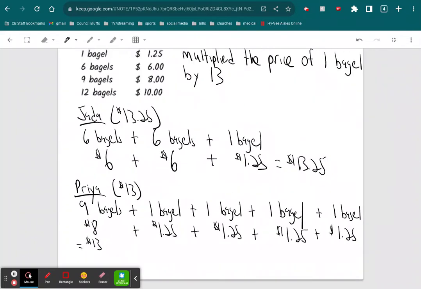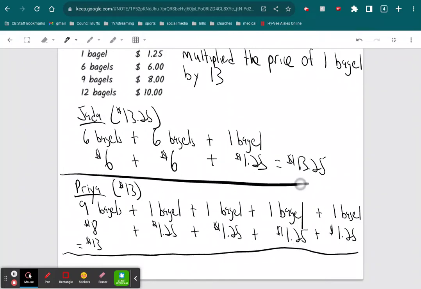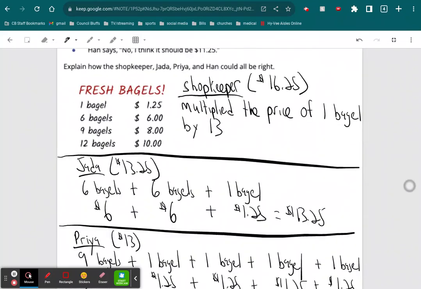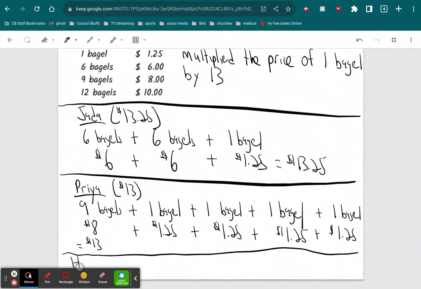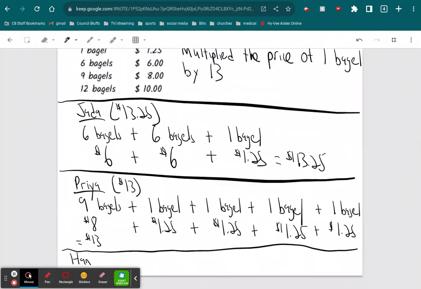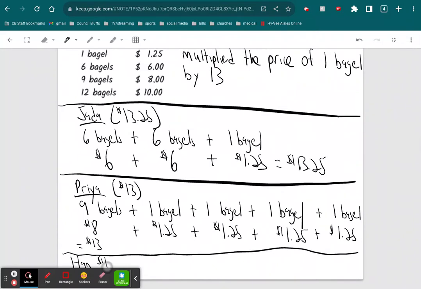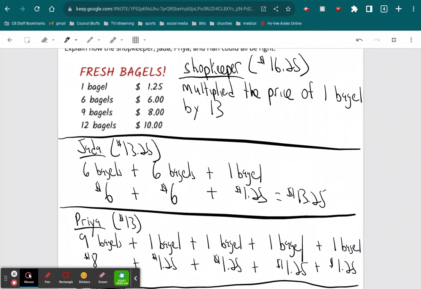And now we have one more left. So let's take a look at the last person, which was Han. So Han thought it should be $11.25. Okay. So how could we get $11.25 based on these prices? Well, I could do 12 and 1.